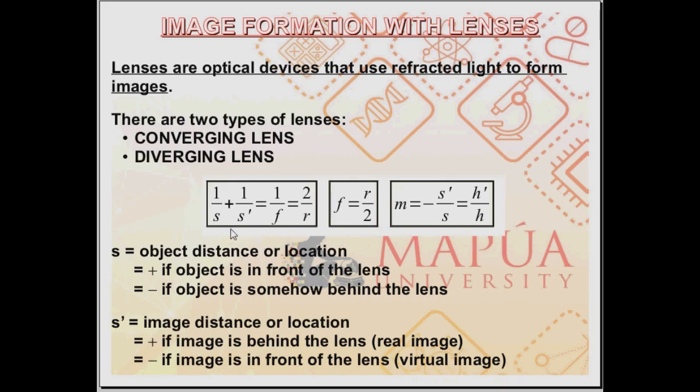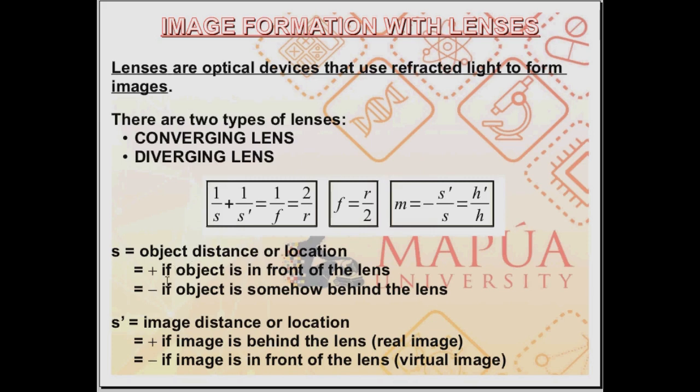You're familiar with this set of equations because these same equations are what you saw when we covered image formation with mirrors in the previous video. Same set of equations for image formation with lenses.